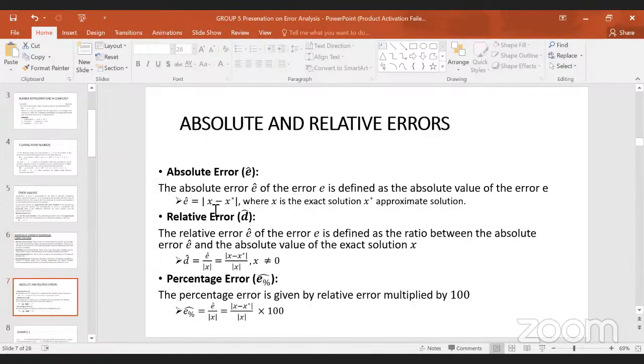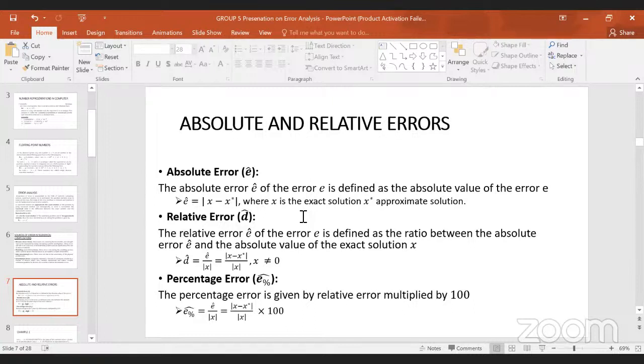Now we are moving to absolute and relative errors. I mentioned earlier that the numerical error denoted by E is equal to the exact solution minus the approximate solution. The absolute error here, as you can see in the formula, is given by E equals the absolute value of X, the exact solution, minus the approximate solution.